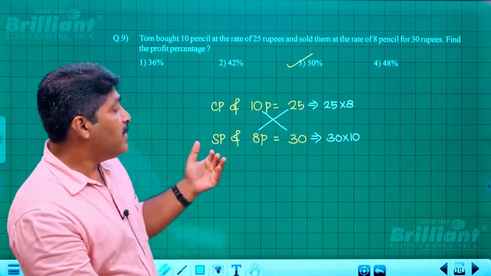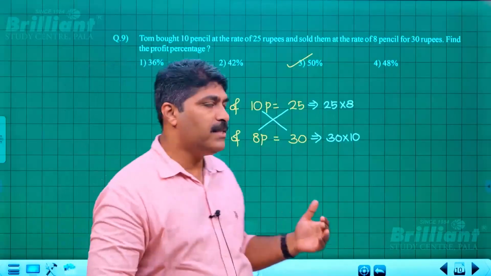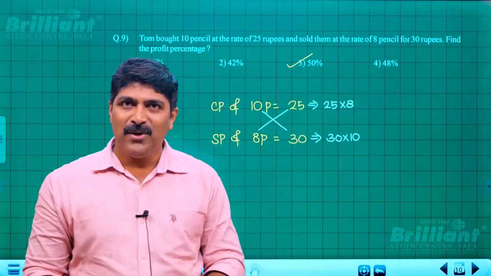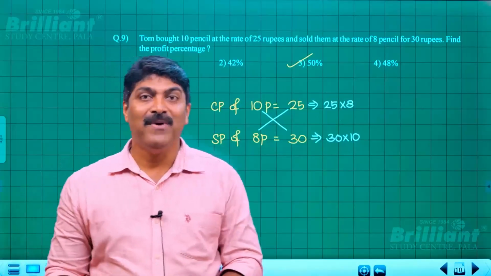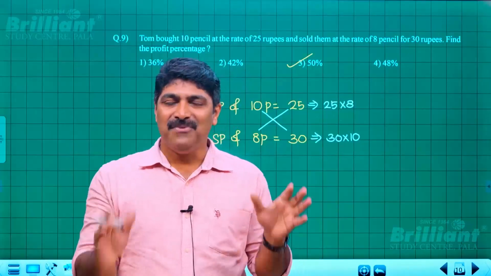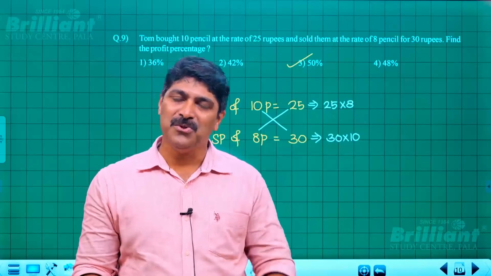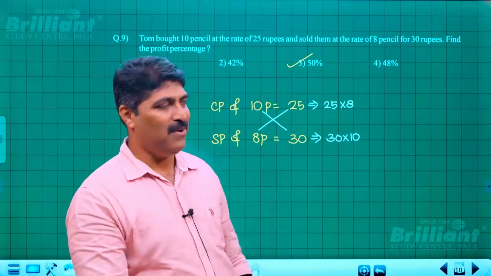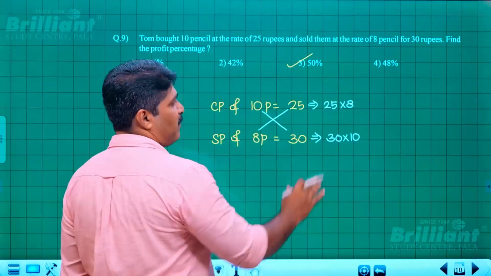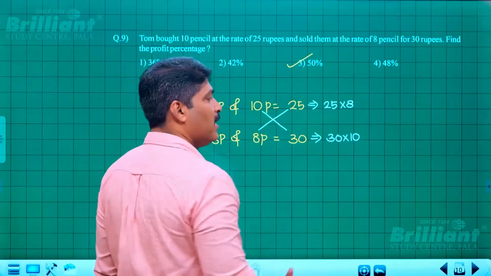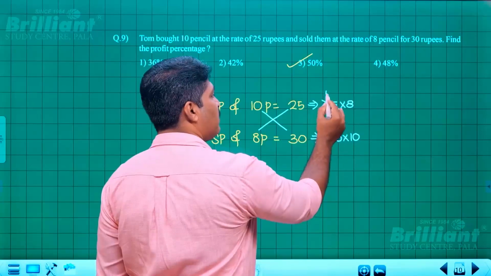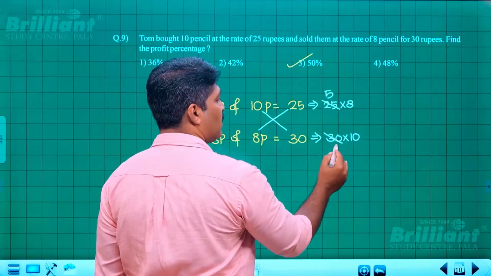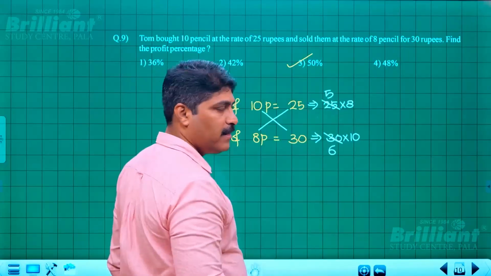For finding the percentage of profit or loss in such a situation, actually we don't want the original set of values. Instead, the ratios of such values are also useful for finding the percentage of profit or loss. For that purpose, we have to simplify these values. Here we know that 5 times 5, this is 6 times 5.